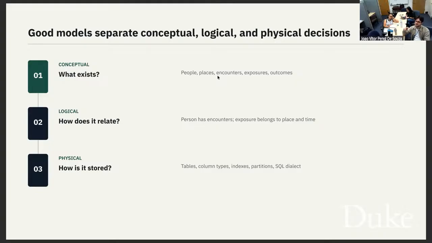So one patient can have multiple encounters. One exposure or one outcome has to be related to a place where it was diagnosed or where it happened. It has to be related to time. And then how it's stored is more on the technical side: what coding you're going to use, what the databases are, how accessible it is, etc.